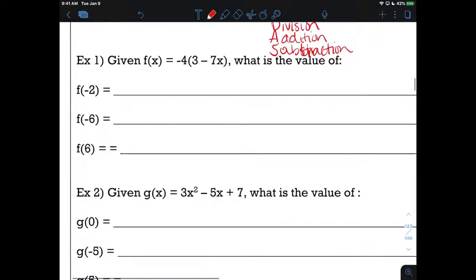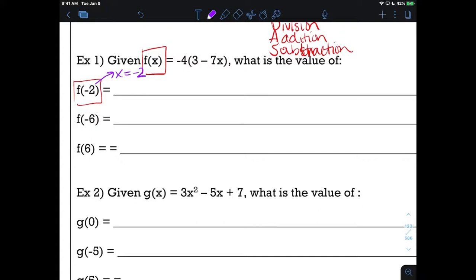So let's go ahead and take a look at this. For this particular function, f, they've defined it as -4 multiplied times parentheses 3 minus 7x. Okay, so as you notice, here, instead of writing an x, they wrote a -2. What that means is x equals -2. Please tell me what f is equal to at x equals -2.